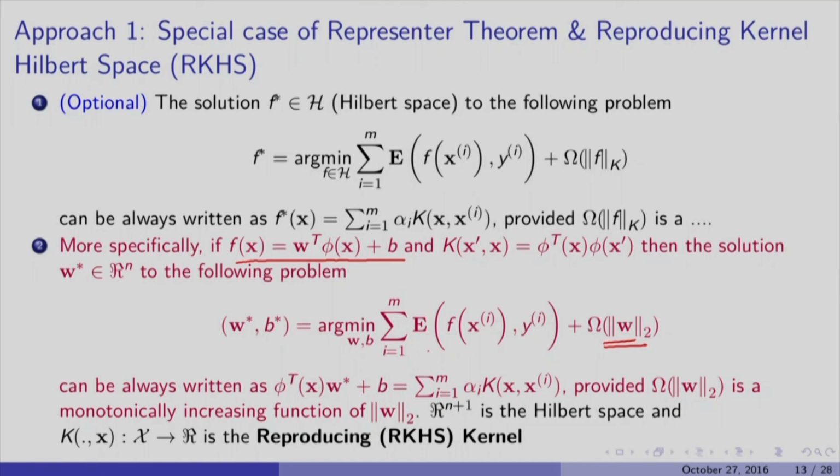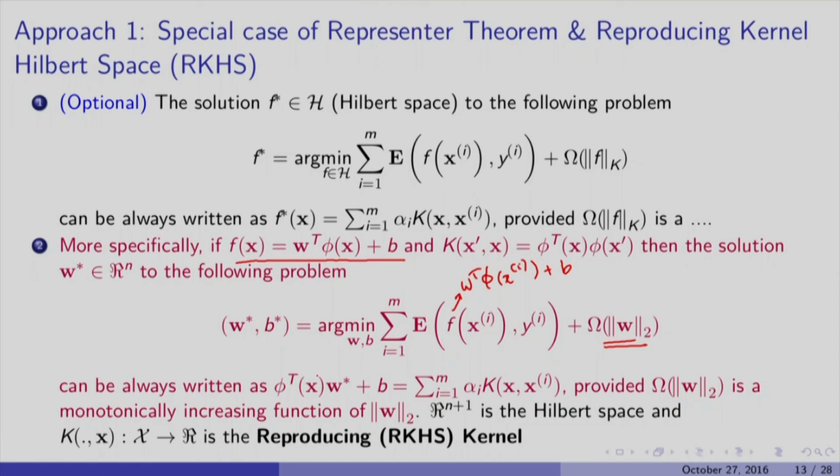So error is sum of the errors over the individual examples, where the function f is now w transpose phi(xi) plus b. Now k is assumed to be of a specific form. K(x prime, x) is phi(x) transpose phi(x prime), the normal dot product in the phi space.